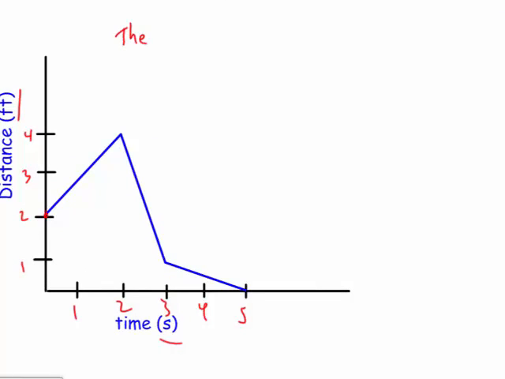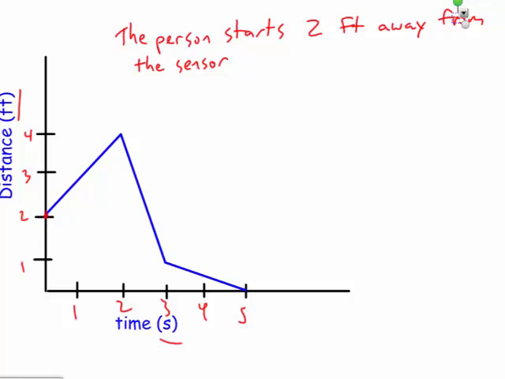So the person starts 2 feet away. Oh, let's be specific, from the sensor. And let's see what happens from the first 2 seconds. It looks like, do they start slow and walk fast, or do they start fast and walk slow, or do they walk at a constant speed? Yeah, this is a constant speed, right, if it's a straight line.